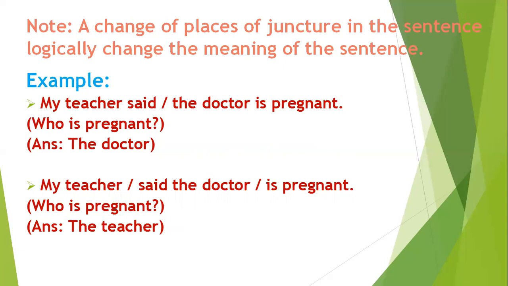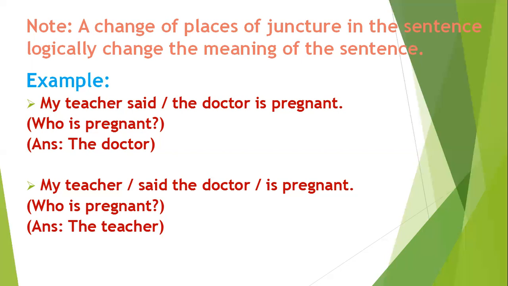So for example, we have the sentence: my teacher said the doctor is pregnant. Based on the sentence, when you ask the question, who is pregnant, the answer should be the doctor because of the placement of the pause.